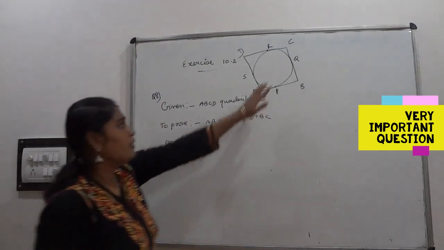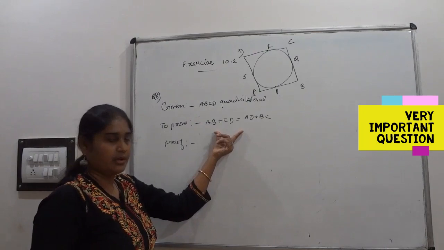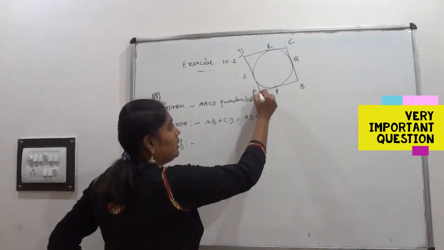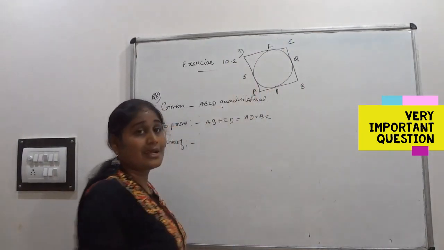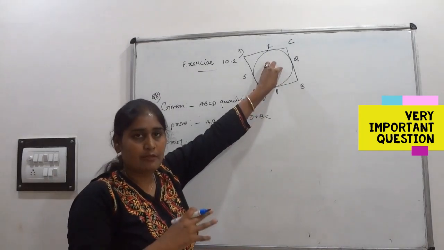So from this given figure, how I am going to prove this statement? Let us see. You know that A, B, C, D are external points of a circle. You could see from the figure.